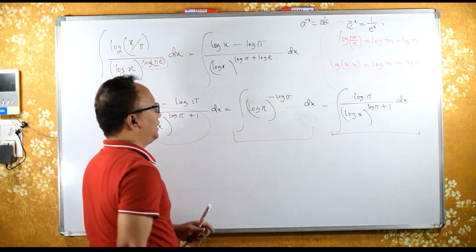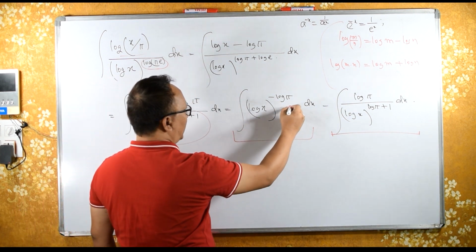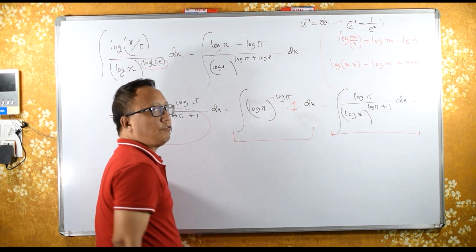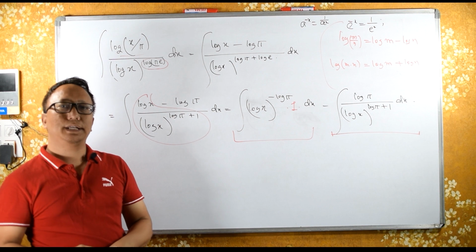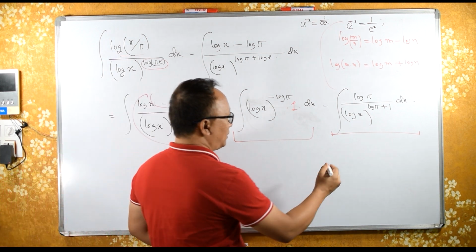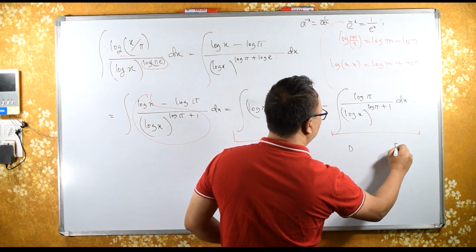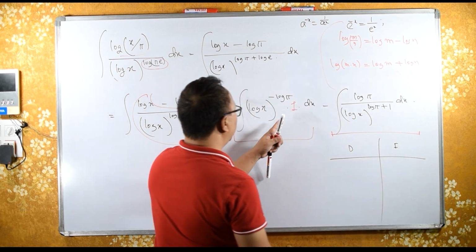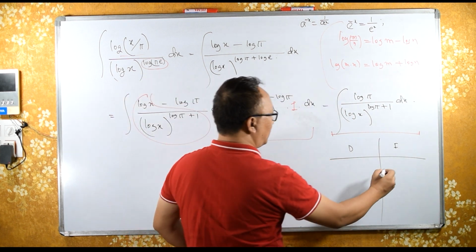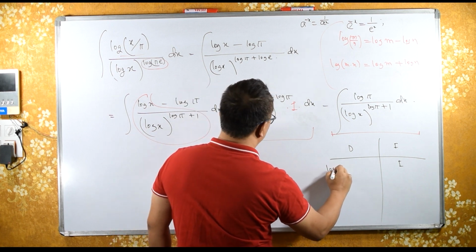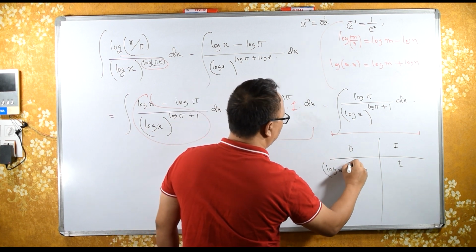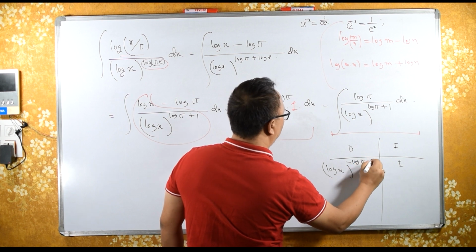Let's integrate this. This can be written as what? I can keep 1 over here. So let's integrate this by the DI method, or you can say the tabular method. In the integration part I will keep 1, and in the differentiation part I will keep it as it is, log of x raised to minus log of pi.